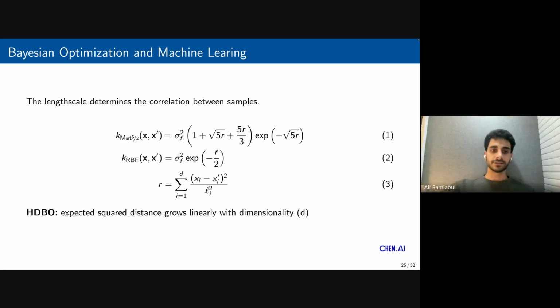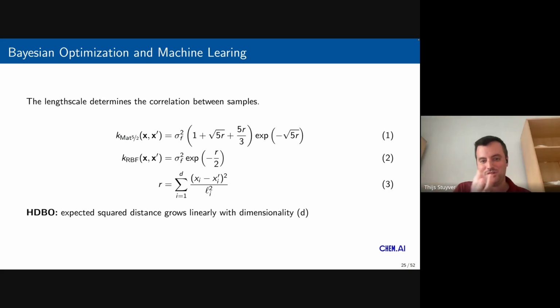Okay, so the R will increase, but the difference in a given dimension doesn't change. So you're just adding additional increments. If you have 10 small increments, the total number is relatively small, but if you go to 100 small increments, then the total number becomes bigger.